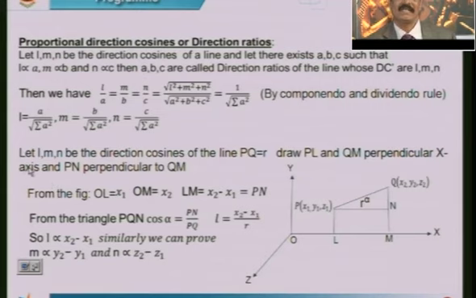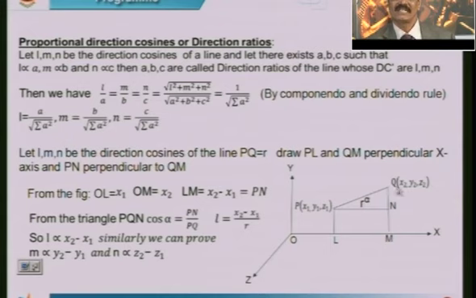Okay, here let L, M, N be the direction cosines of a line PQ, say PQ is equal to R, the distance is R, and this angle I have taken as alpha because we are assuming the direction cosines of this line as L, M, N. Then how to prove that the direction cosines of this line are proportional to x2 minus x1, y2 minus y1, z2 minus z1?